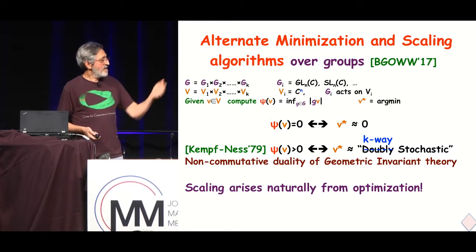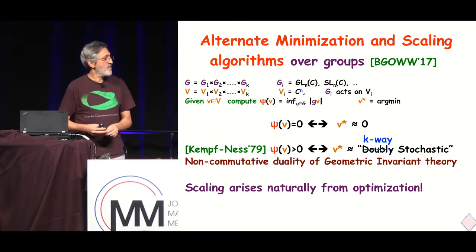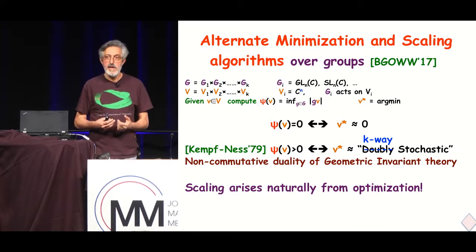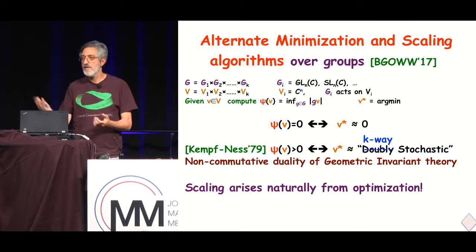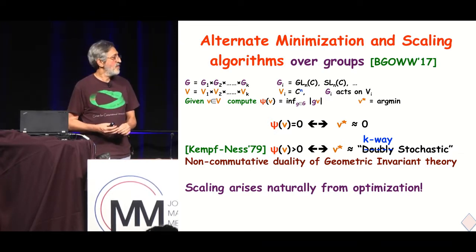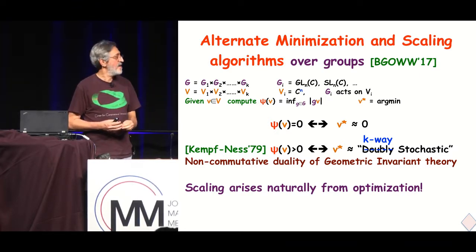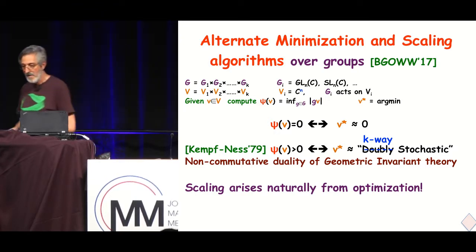And of course, it will not be double stochasticity. If we have k groups, it would be k-way stochasticity. But in any way, it suggests an alternate minimization approach to this. You have k scaling conditions, and you cycle through them, trying to satisfy them. And this will converge or not converge, and you will know exactly whether the vector is in the null cone or whether the optimization value is 0.